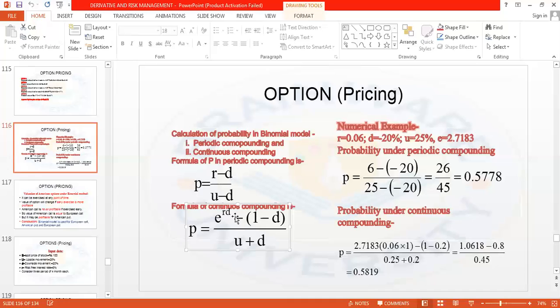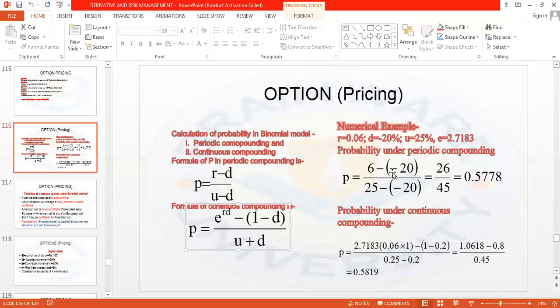It should be e to the power RT minus 1 minus D. So actually my formula will be P is equal to e to the power RT minus, within bracket, 1 minus D. And in the denominator, it will be U plus D, where the D value will be negative. Okay.